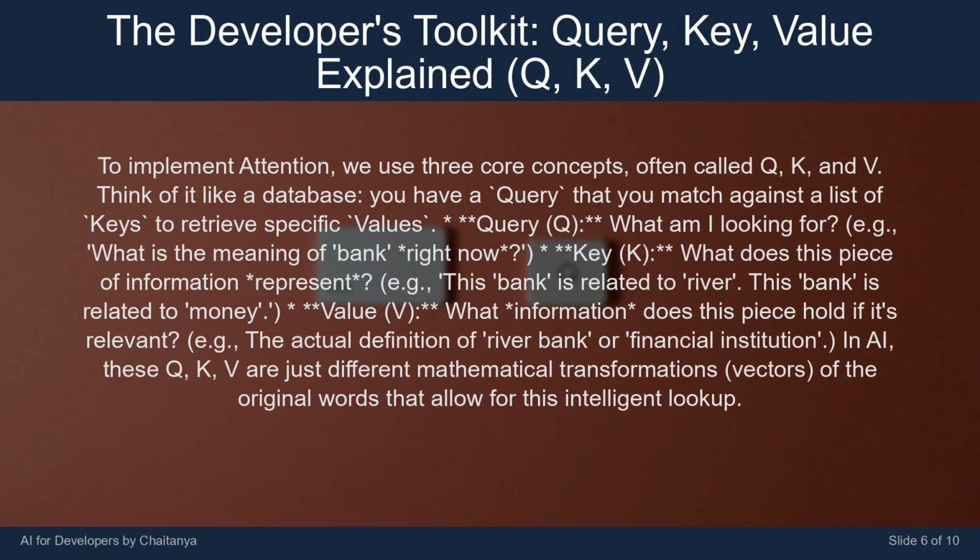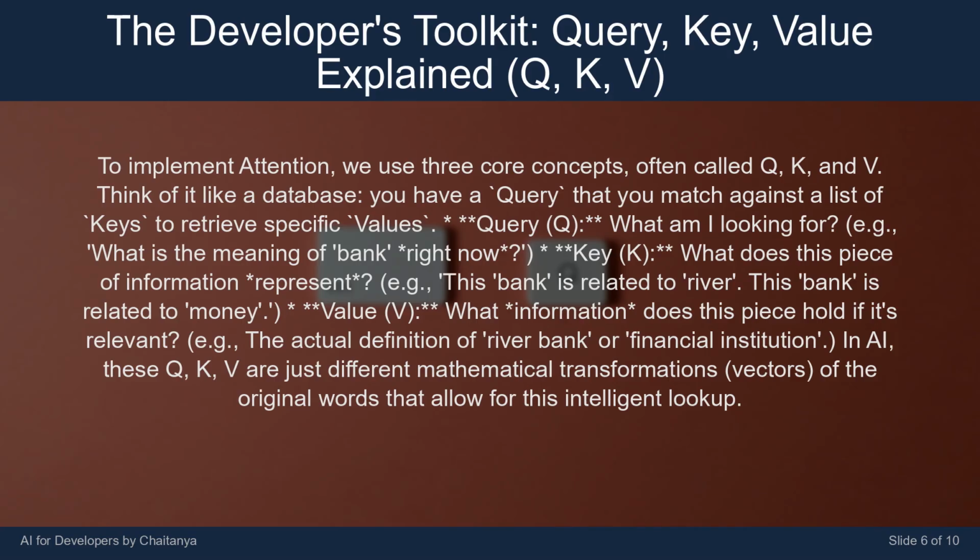To implement attention, we use 3 core concepts, often called Q, K, and V. Think of it like a database. You have a `query` that you match against a list of `keys` to retrieve specific `values`. Query, Q: what am I looking for? E.g., what is the meaning of "bank" right now? Key, K: what does this piece of information represent?